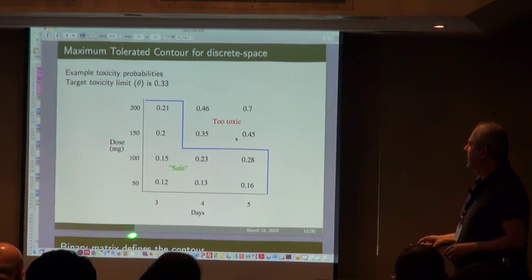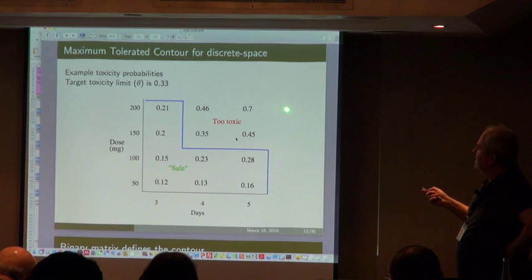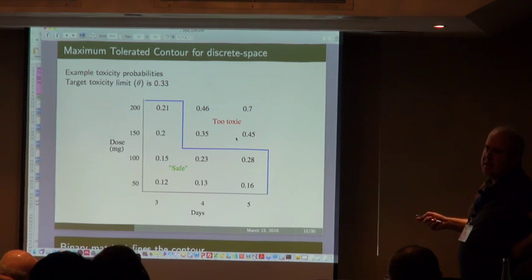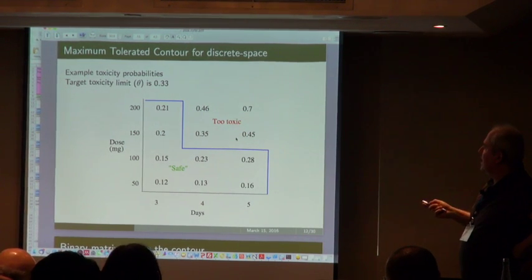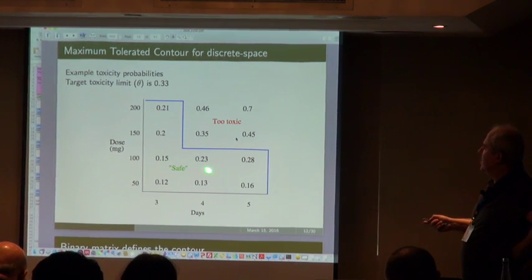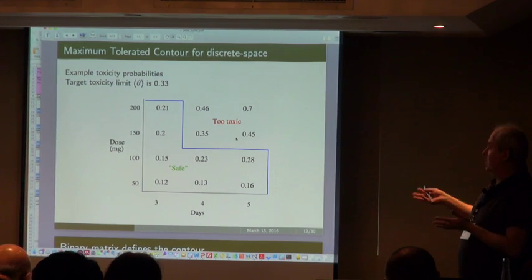But the interesting part for us is, if we have an estimated toxicity for every dose combination, we're only interested in the cuts between where you have a too toxic area and a safe area, which is defined by the TTL. So all these are above the TTL, all these are below. And this is the maximum tolerated contour, if that was the truth.